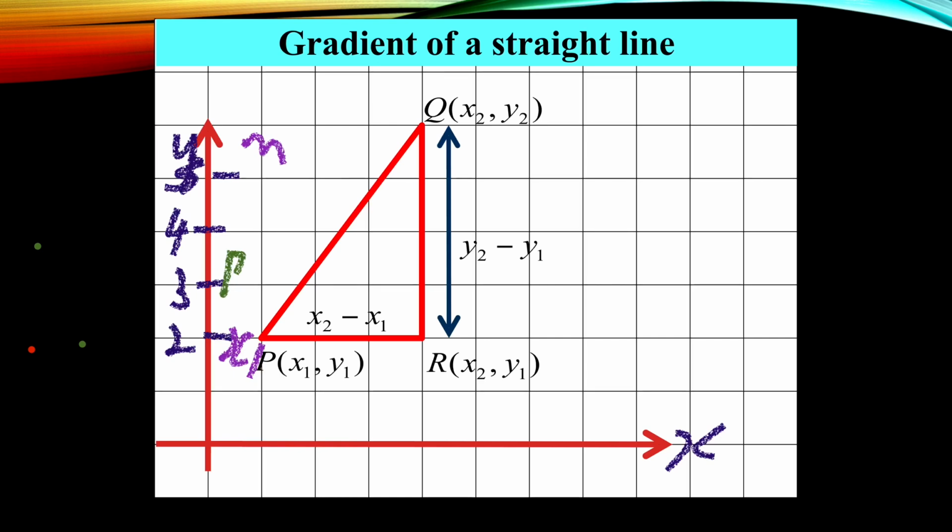And then the horizontal distance is from x1 to x2, so you can just take 4 minus 1. So the horizontal distance is 3 and the vertical distance is 4. Hence the gradient is 4 over 3. Okay, so it's positive because the line is going up.